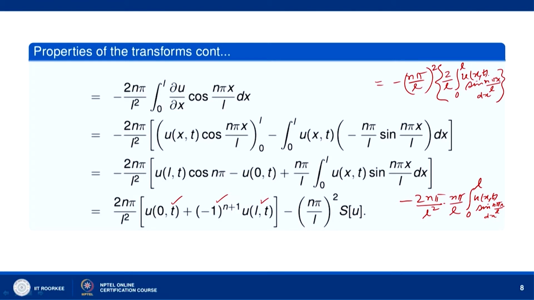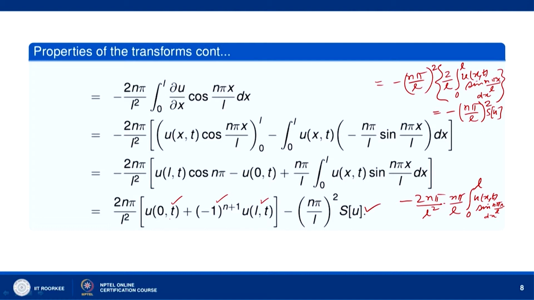So, this is nothing but the finite sine transform of u. So, we can write it as minus n pi over L whole square into S u.